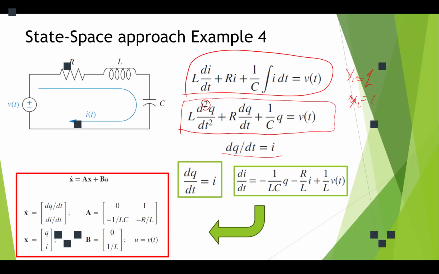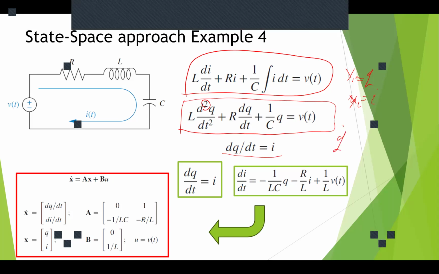Okay? So now we want to write the first order differential equations. We are going to have x1 dot, which is q dot, correct? And I dot. Now, q dot, we already know is equal to I. So it's going to be equal to x2. What about I dot?